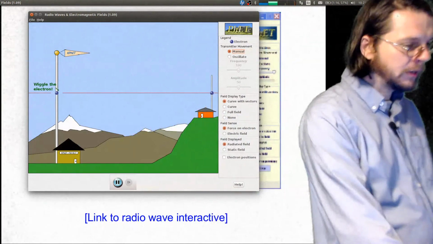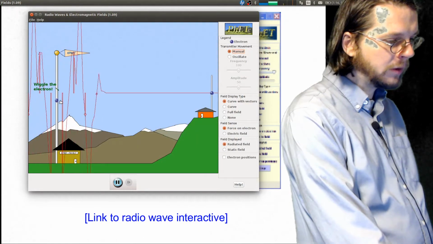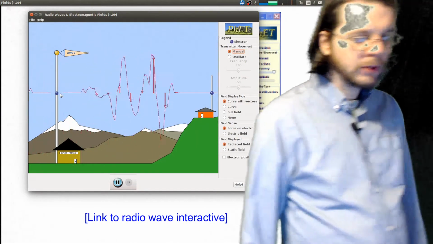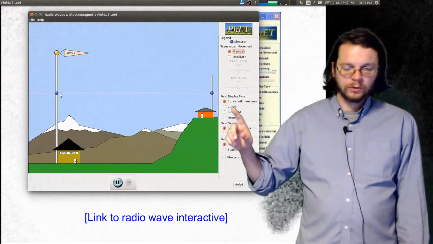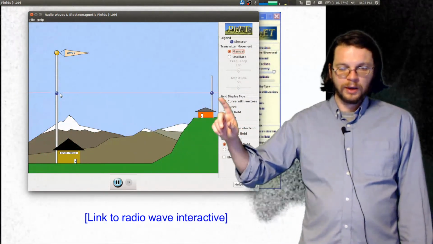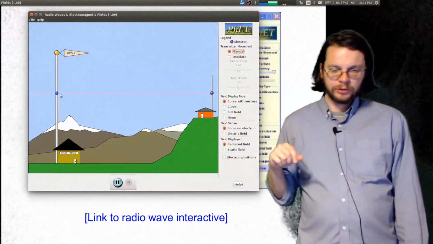If I take this electron and click on it and wiggle it around, there's some signal that's going to propagate at the speed of light until it reaches over here, this house that has another electron inside of an antenna that's trying to measure this thing.